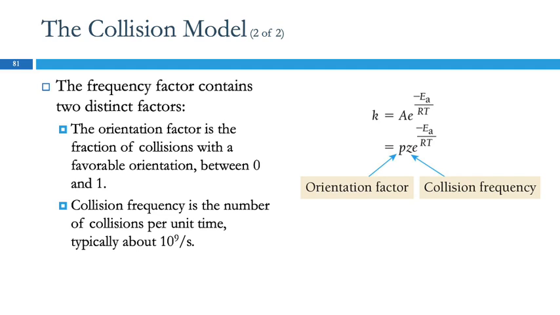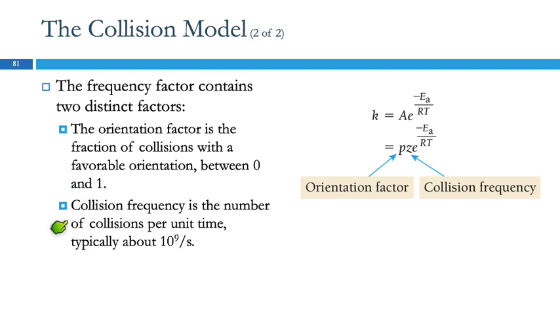Okay, so just talking about that collision factor, the collision model, the frequency factor that we've been talking about, A, can actually be broken down into 2 different factors. There's the orientation factor and the collision frequency. The orientation factor is the fraction of collisions that have the right orientation, so that's going to be a number between 0 and 1.